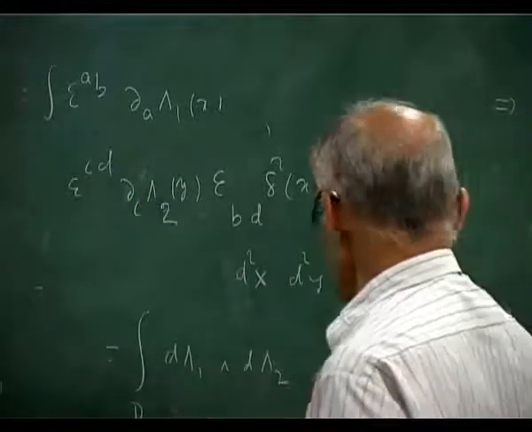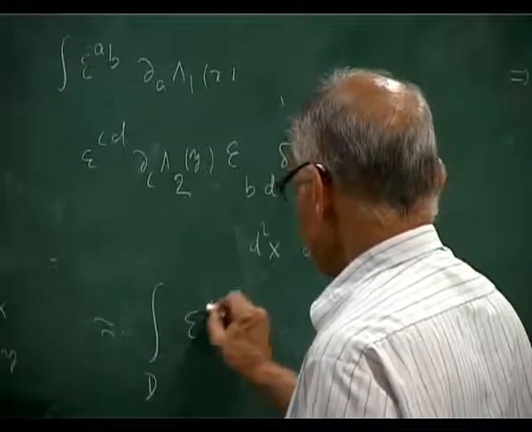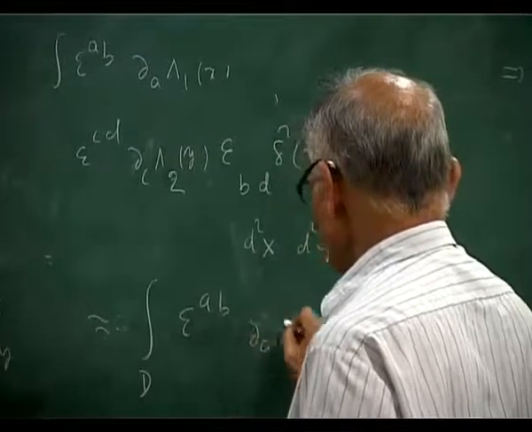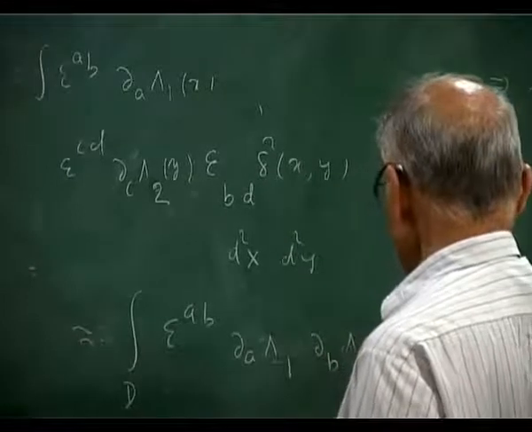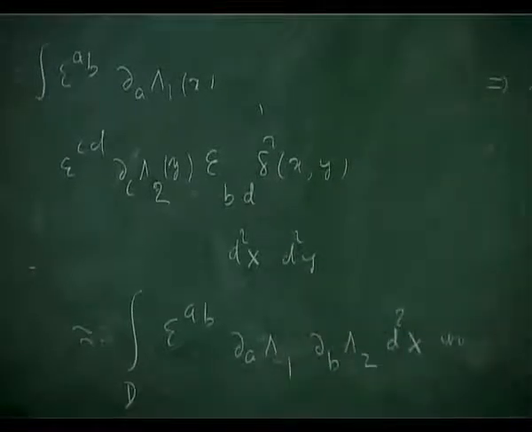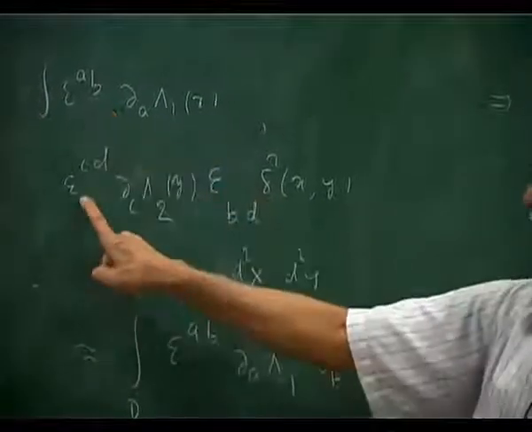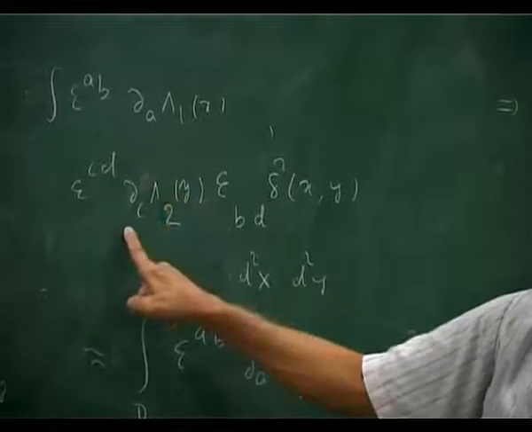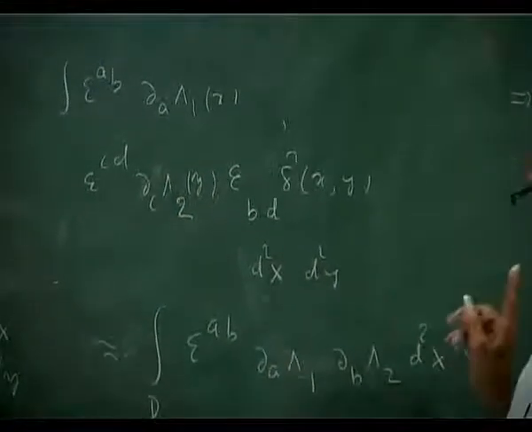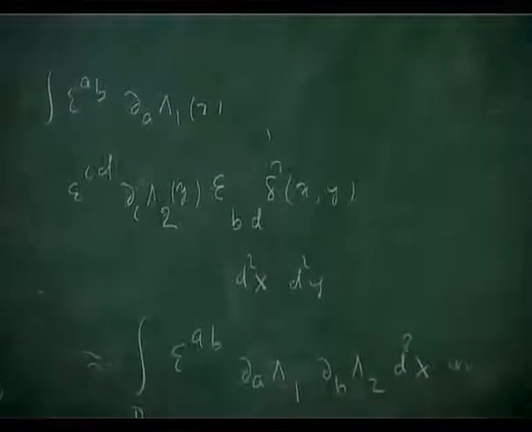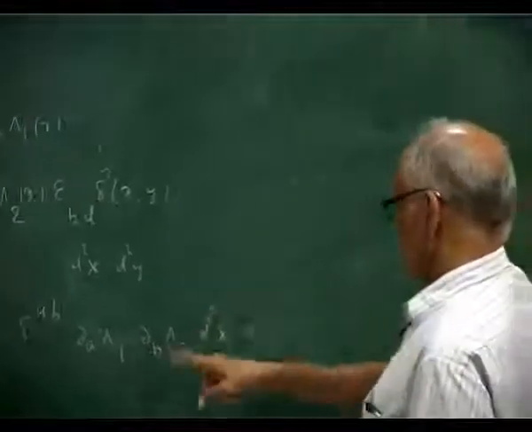So this is proportional to epsilon AB dA of lambda 1 dB of lambda 2 d2x. This epsilon will hit this to produce a delta, leaving one epsilon which antisymmetrizes these two. So you get this. But by partial integration and Stokes theorem this is 0, right?